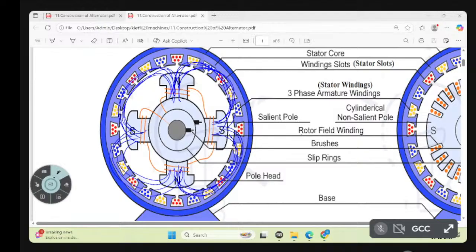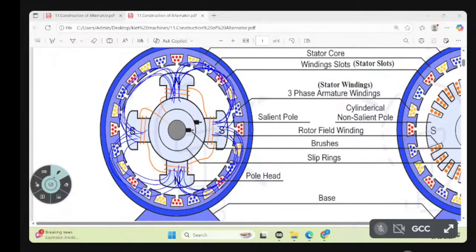With respect to applications, the alternator is widely used in generating stations. Where can we use the alternator? In generating stations, where the power is generated.